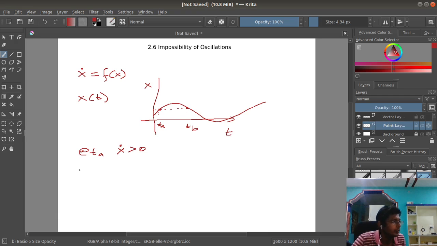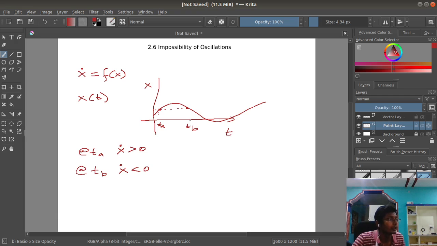At tb, the slope is negative. So at one point the x dot is positive for some x, and x dot is negative for the same x, but only the time is different.